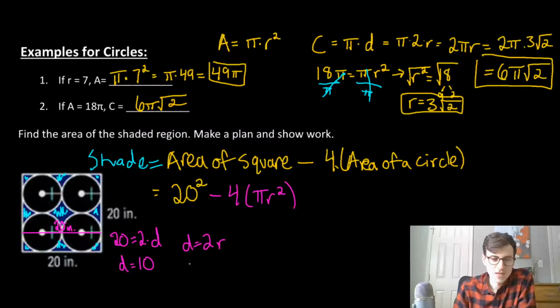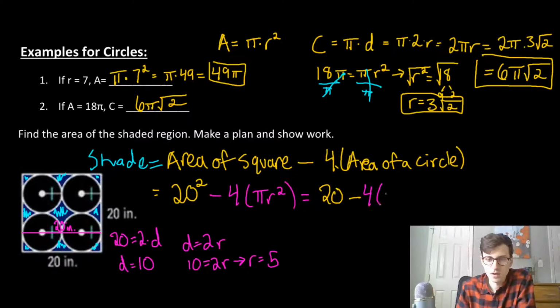So that means that 10 is 2r, or r is 5. So I found r. I know what r is. It's 5. So this is 20 minus 4 times pi times 5 squared. Okay, sorry, and that's 20 squared.